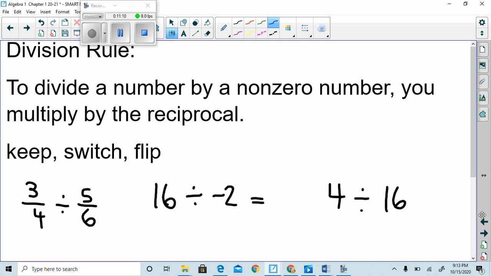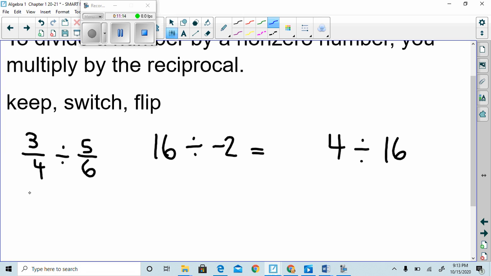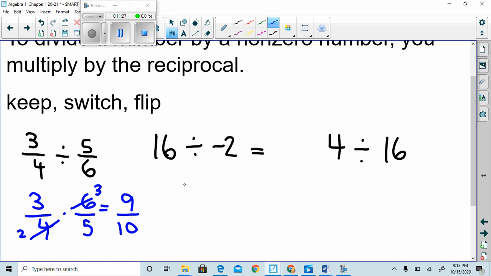There are so many different ways that people remember, but we just remember that we're going to multiply by the reciprocal. 3/4 times the reciprocal. Again, if we can simplify before we multiply, we do. And done. 16 times the reciprocal would be 1/-2 and -8.